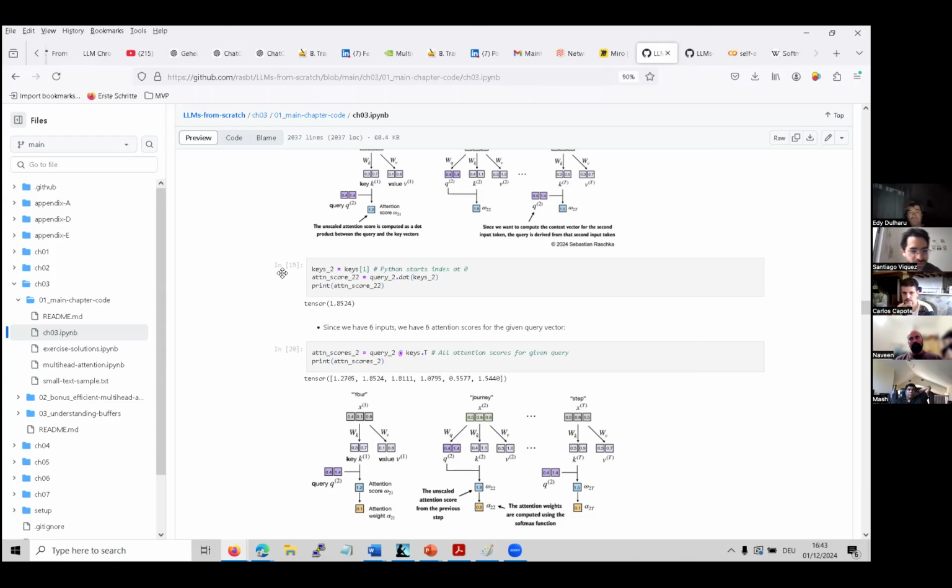My intuition about heads is also not fully formed yet, but my best analogy so far is ensemble learning. I don't know if you're familiar with it. Let's say we train multiple models and then ensemble them into a single one. That's as far as I can get with heads.